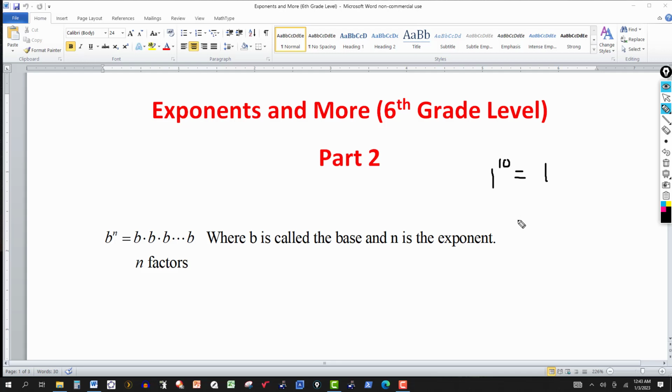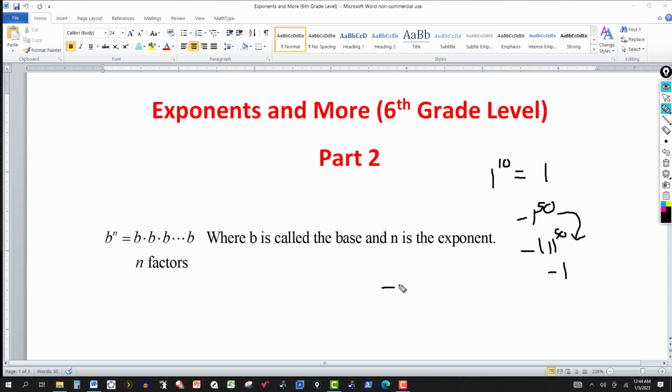Now let's suppose I have negative 1 to the 50th power. That means negative 1, I don't have parentheses on the negative, so that would be negative and then 1. So if I write it this way, you look at that as 50 factors of 1, which is still going to be 1, and then times the negative, that'll be a negative 1.